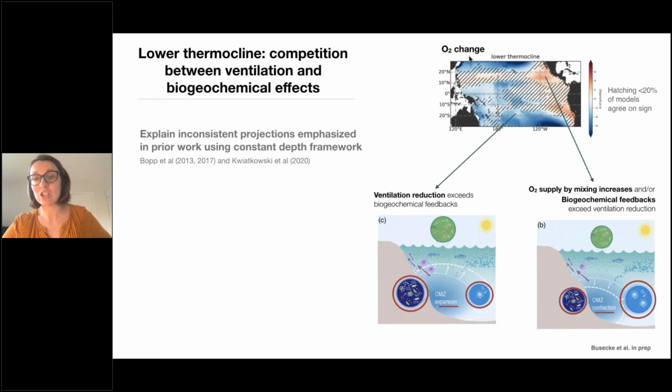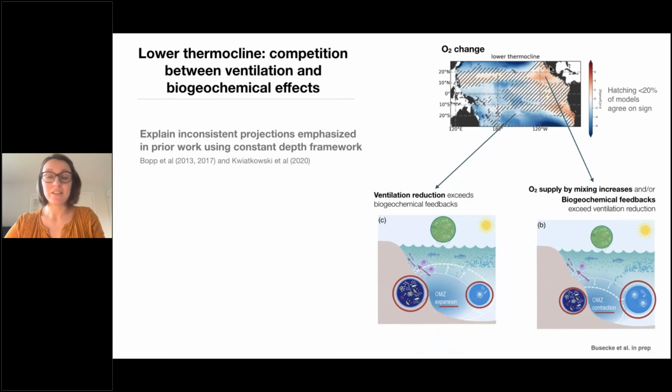This is the change in oxygen, again, averaged across those models. Hatching shows, again, when they don't agree on the sign. And you see it's a less clear signal. There are places where ventilation exceeds the biogeochemical feedback, here in blue.